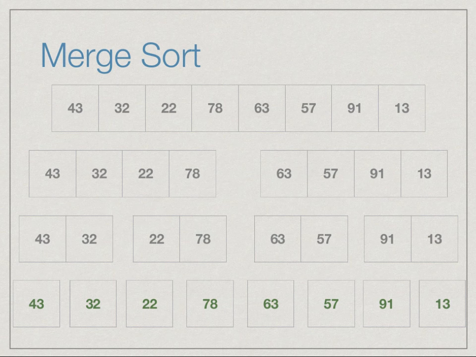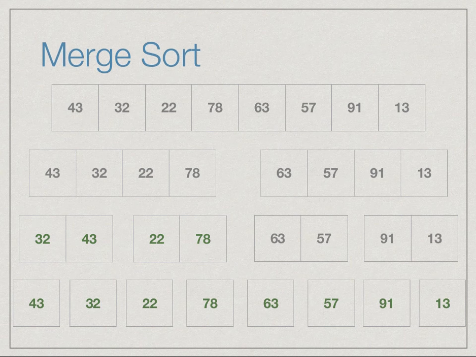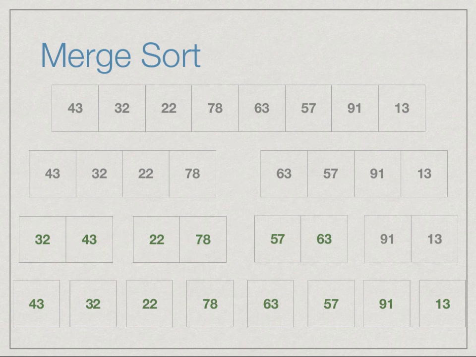At this stage, the recursion comes back and says, okay, you have sorted the sublist 43, for example. We have sorted the left into 43 and the right into 32 in a trivial way. So we need to combine them by merging. So we merge 43 and 32 applying our merge procedure, and we get 32 before 43. When we merge 22 and 78, they remain in the same order. Here 57 comes before 63, and finally 13 comes before 91.